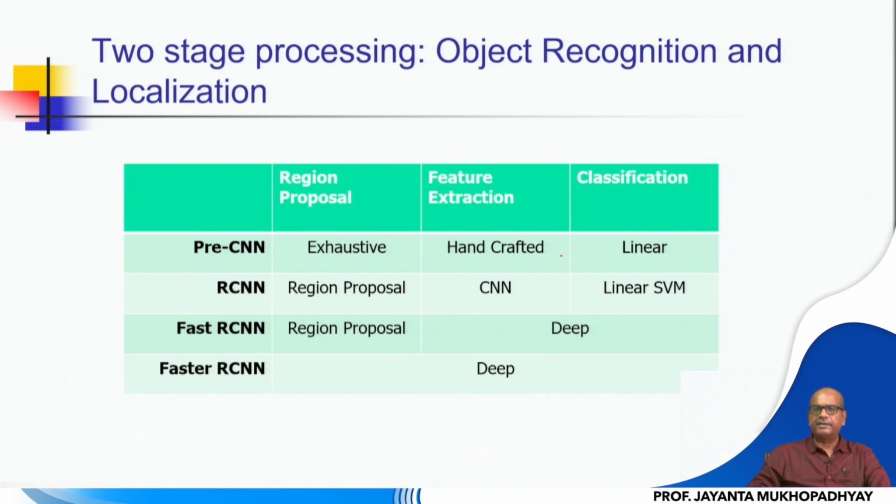So there are different solutions provided based on these two-stage proposals. Say pre-CNN, before deep neural architecture or convolutional neural networks, used the standard classical approaches: use region proposals, extract features, and then you classify. There could be various kinds of classifier, like linear discriminant functions.